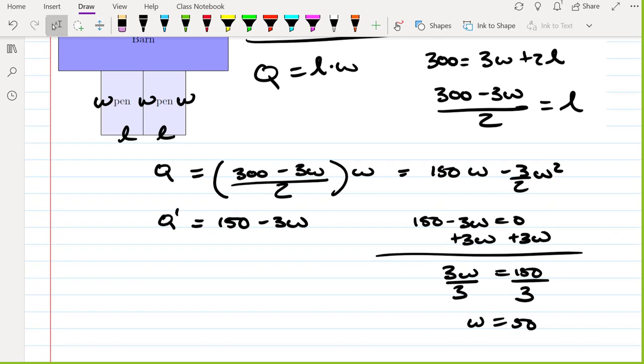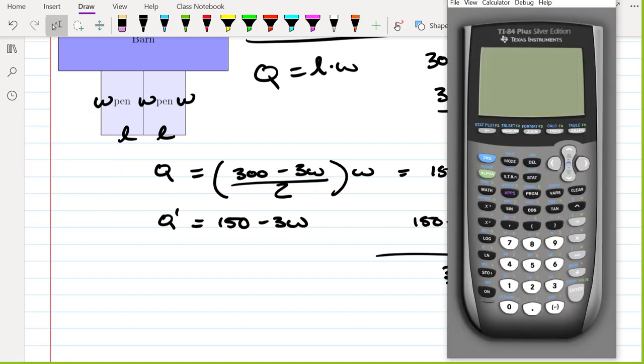So then, if we have W is equal to 50, we can put that back into either one of our functions. So we would have 50 times (300 minus 3 times 50), all divided by 2.